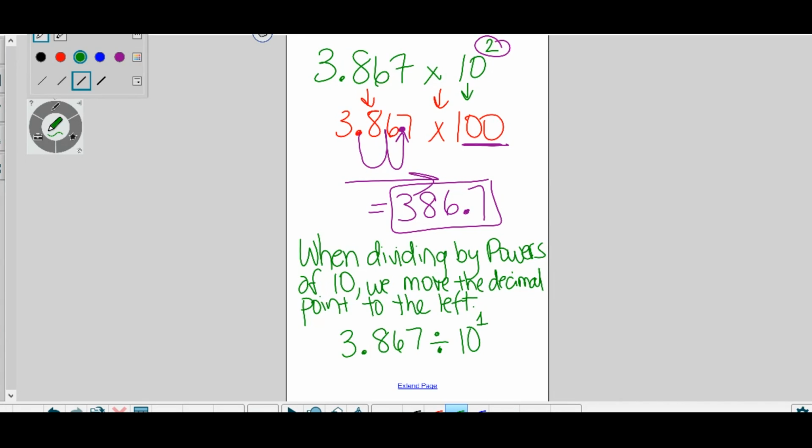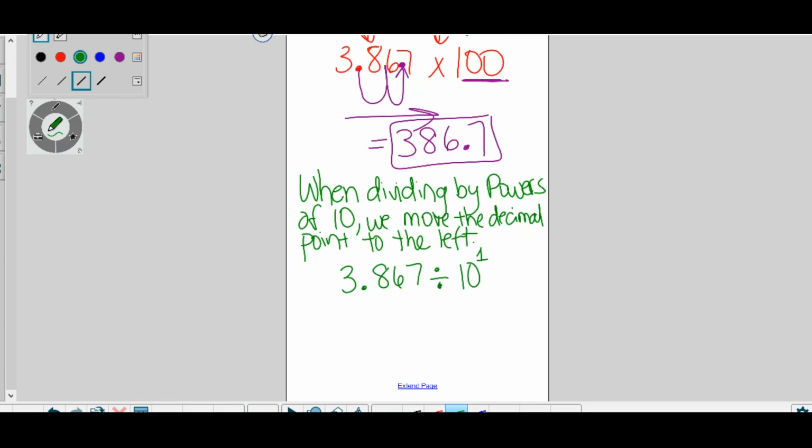Remember, I like to change my exponent into a value. That way I can see it clearly. So that's just going to look like 10, because I'm going to have a 1 with 1 zero after it. I'm still dividing, so I bring down my division. And then I bring down the number that I'm dealing with again so I can move it.